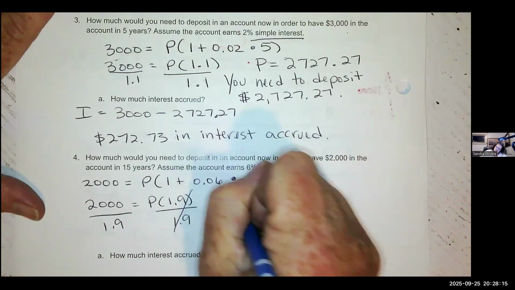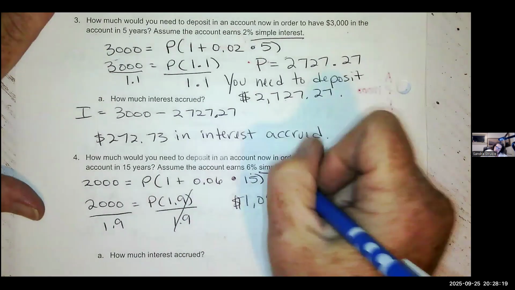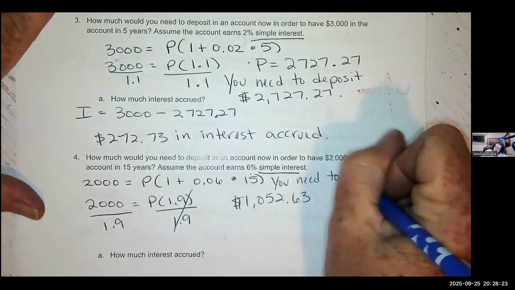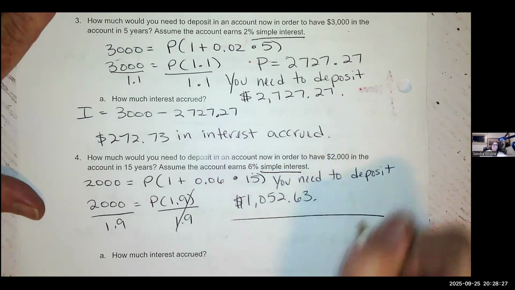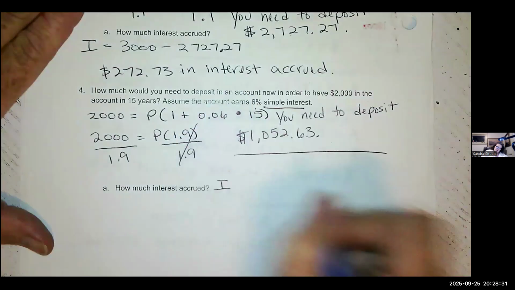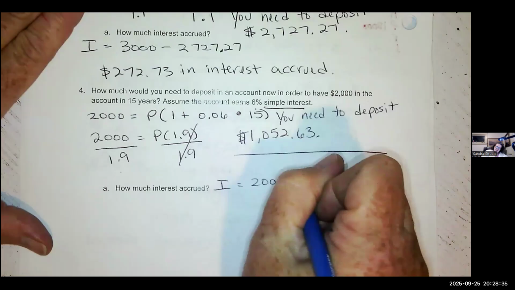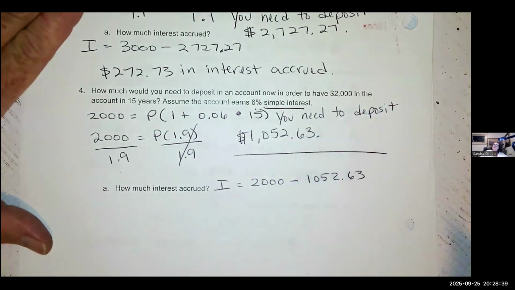Don't forget your dollar sign. The question was, how much do you need to deposit? You need to deposit, and I already wrote the number. There you go. Let's find the interest accrued. The interest accrued is just the ending amount, $2,000, minus $1,052.63.